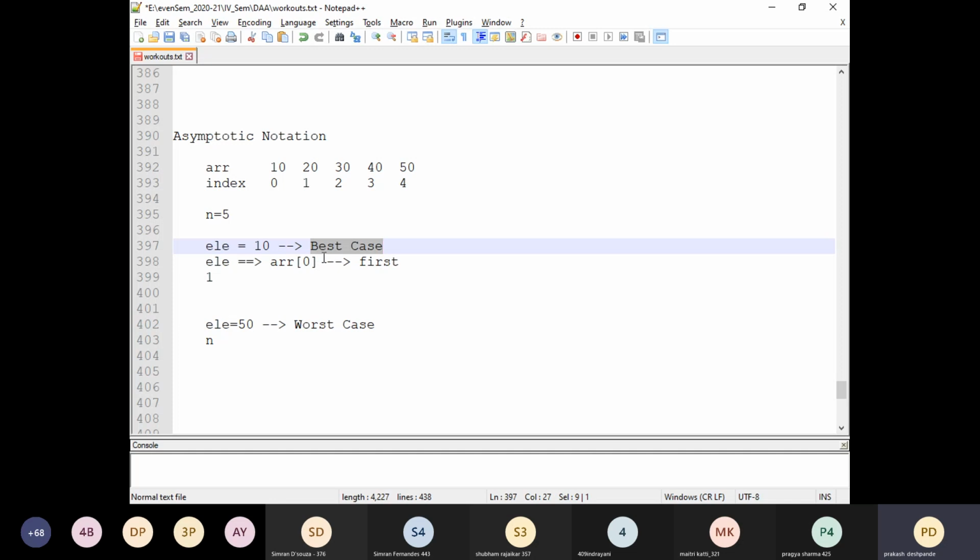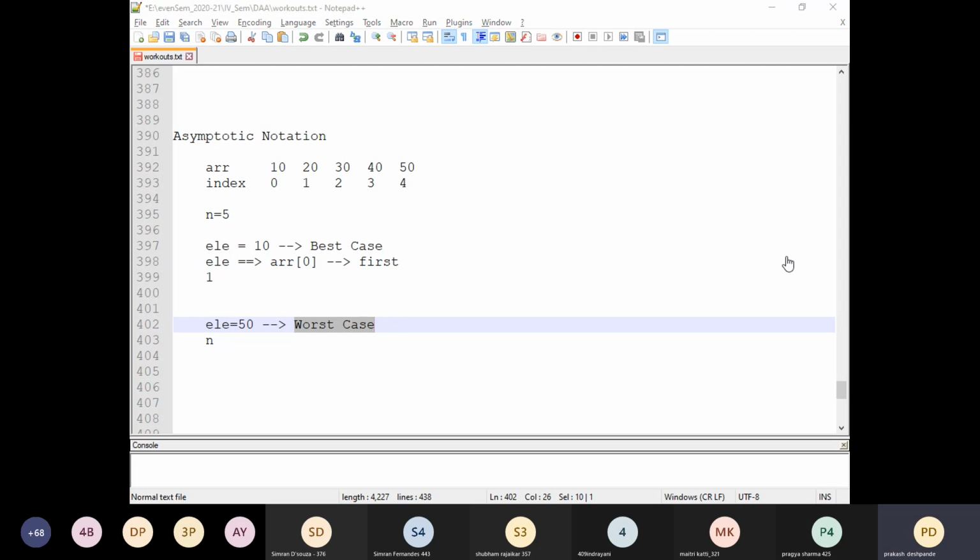Then we call it a best case scenario. And if the same algorithm consumes the largest or longest amount of time, in that case the instance characteristic, or the value of n, we call a worst case scenario.